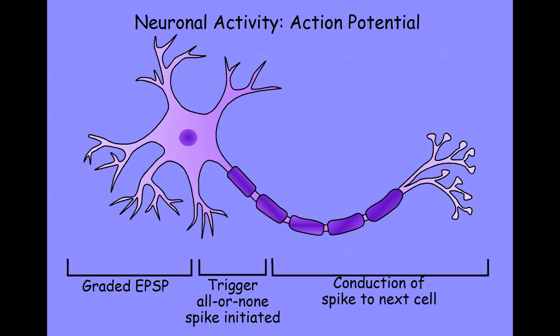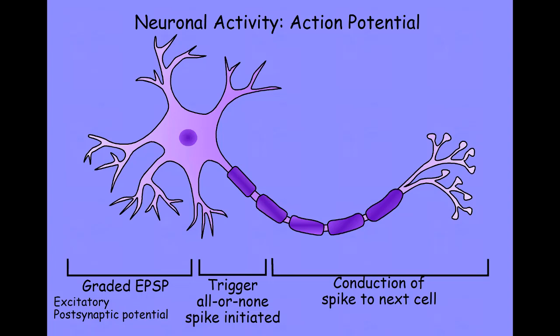That then goes all the way down to the synaptic end bulbs, which then begin that process again with the next neuron.